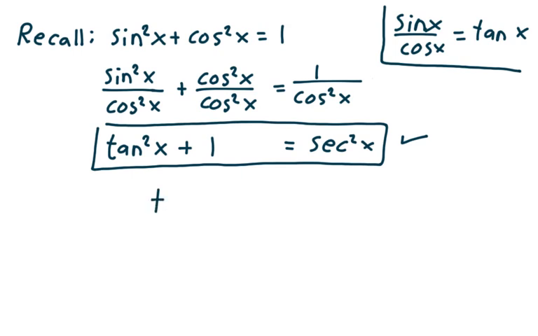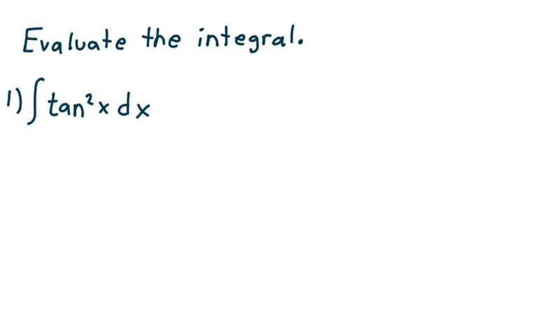So would it be fair to say that tangent squared x is equal to secant squared x minus 1 if I just subtract 1 on both sides? So I can write this as the integral of secant squared x minus 1 dx.